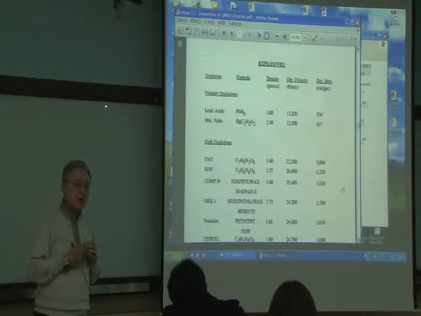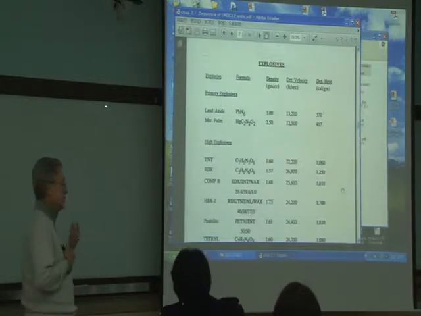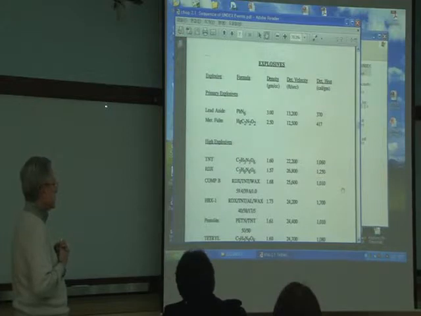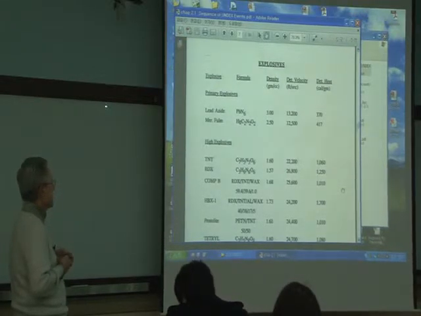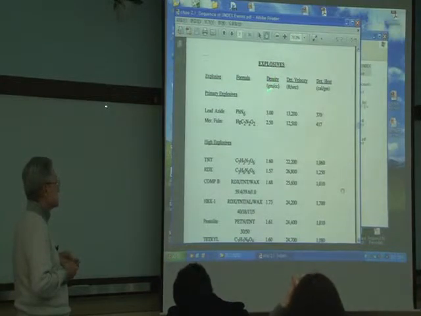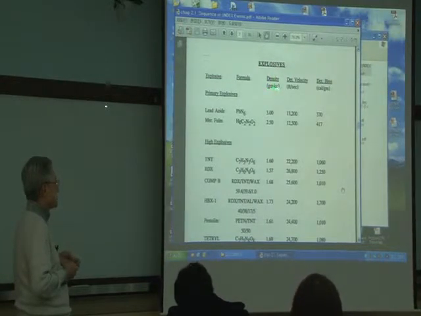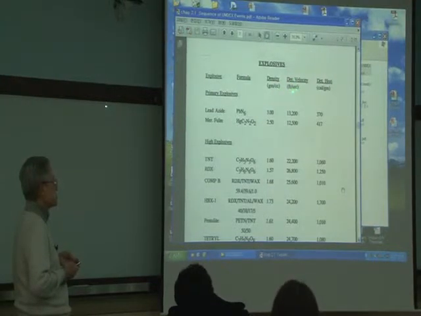I have a copy. Anybody can purchase it. I bought a few, and it's up there. And it shows two different types. It lists the explosive and basic formula, density in gram mass per cc, and the detonation velocity in feet per second.